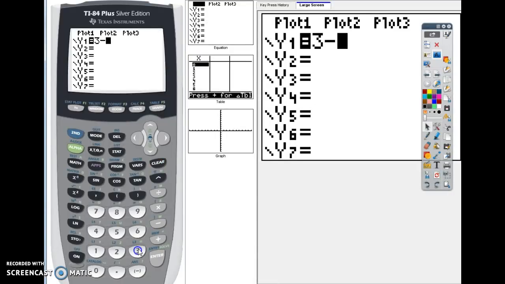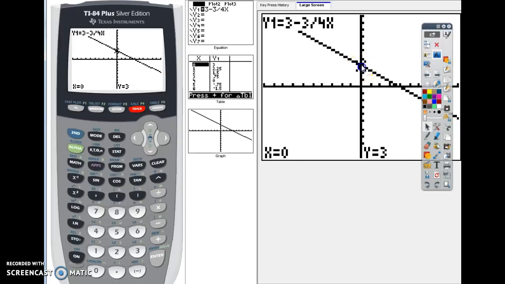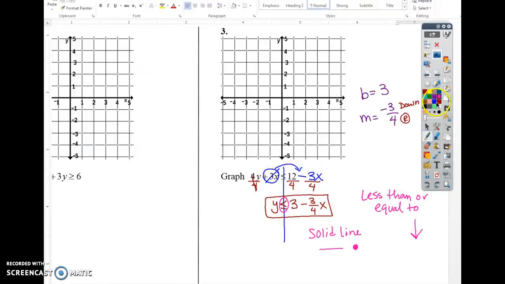3 minus 3/4 x, trace. Okay, I told you we're starting with 3 because that's my y-intercept. 0, 3. Put a solid point there. Solid point.